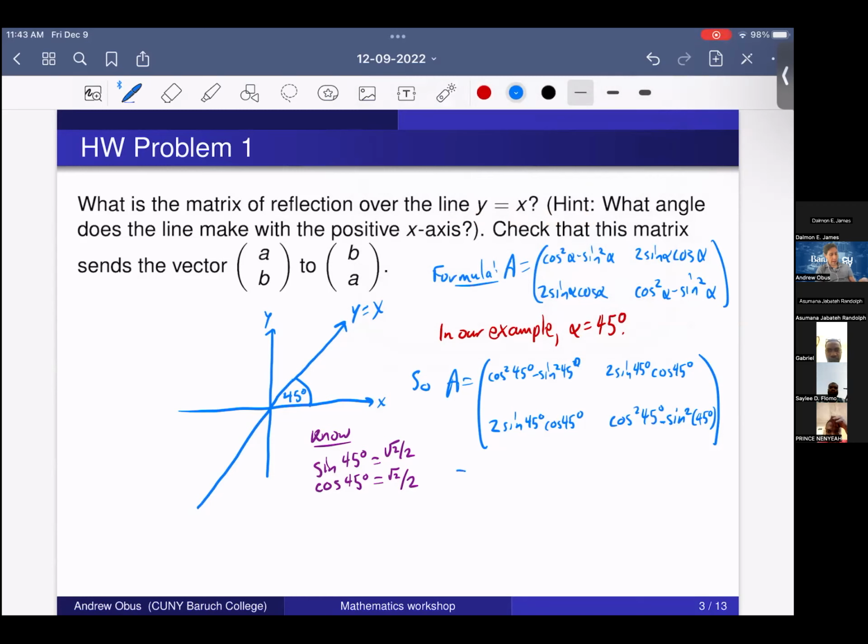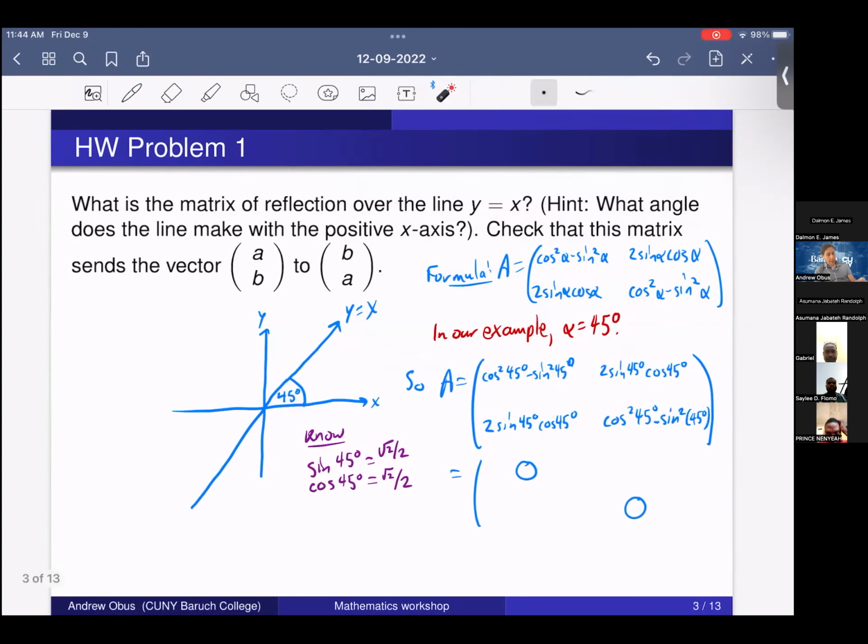Here the cosine and the sine are the same, right? So these differences are both going to be 0. So we're going to get a 0 here and a 0 here.